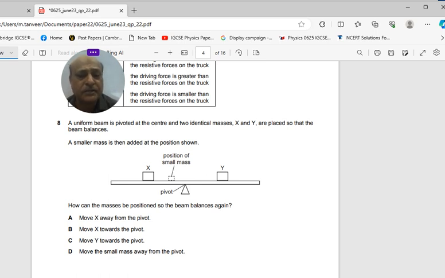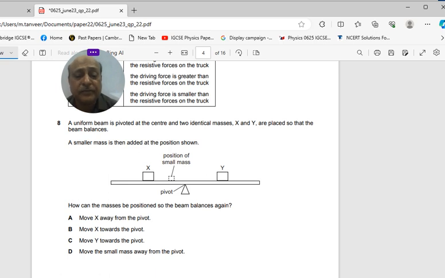Sometimes I use torque, sometimes moment of force. Initially this is balanced when weights X and Y are placed. Now you place a small mass at this position. How can the masses be positioned so that the beam balances again? Now you have to change the positions.